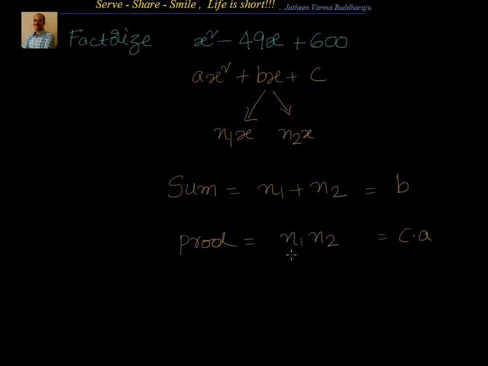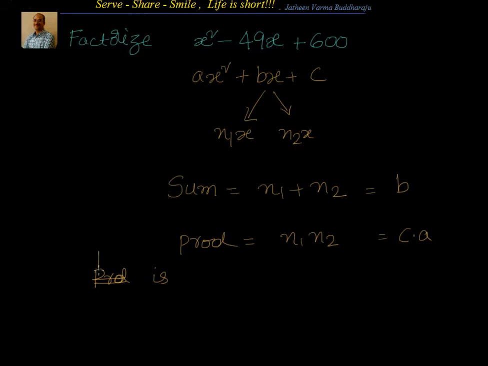Now with that understanding, let us look at the different types of conditions we have here. The product can be positive or the product can be negative. First I will take the product as positive.